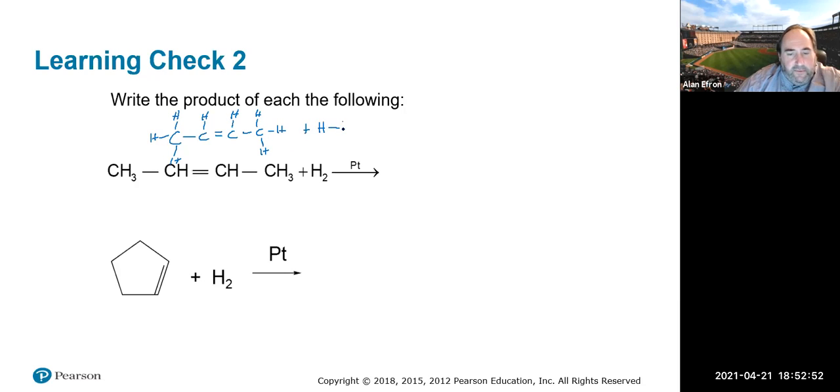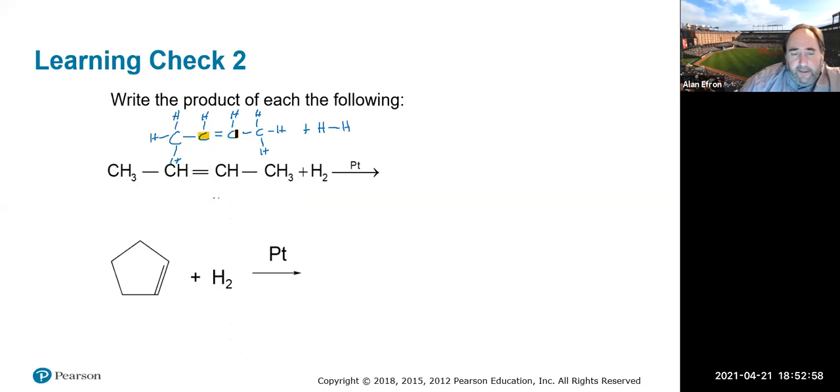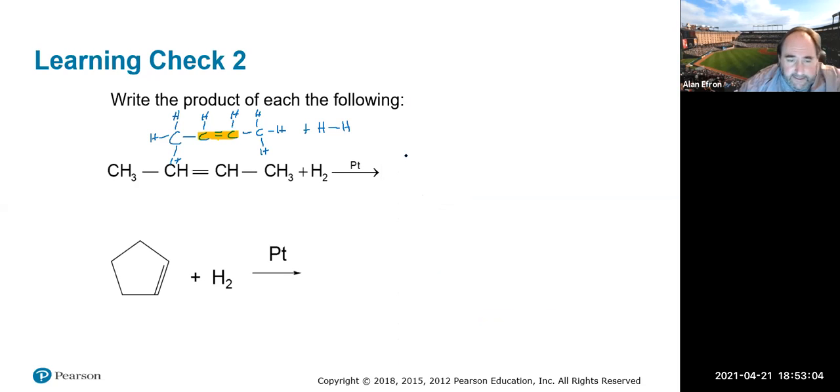Plus H2, which is basically 2 hydrogens. Again, really the double bond, as we've been talking about, is the location. Going to redraw it exactly the same way, converting our double bond into a single bond.